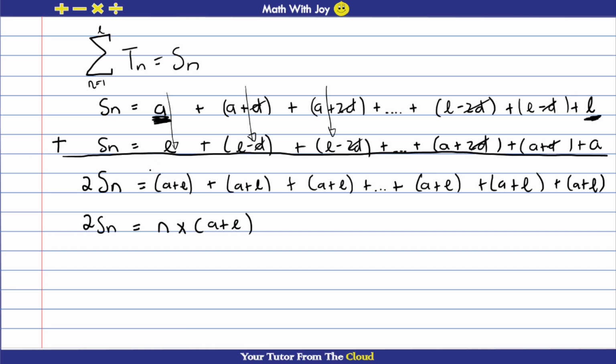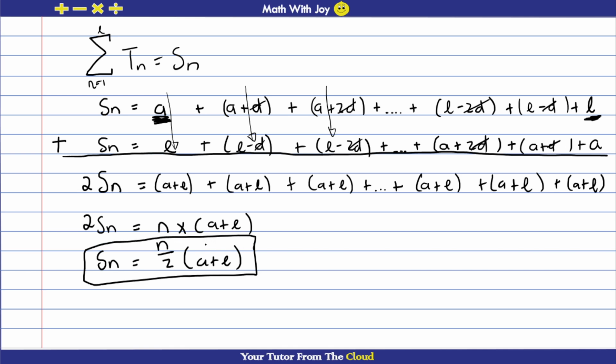So when we take the 2 over to the other side, you're going to have n over 2 bracket a plus L. And this forms our very first formula that we use to work out the sum of an arithmetic series.